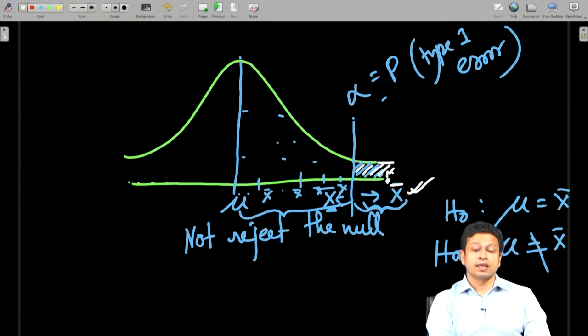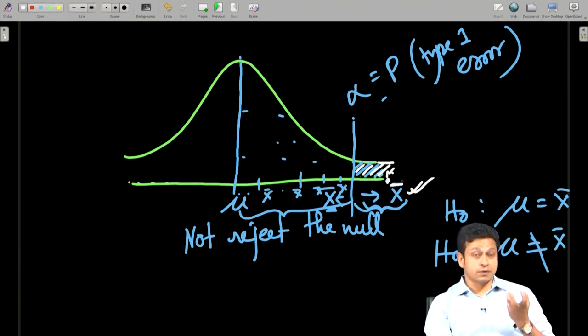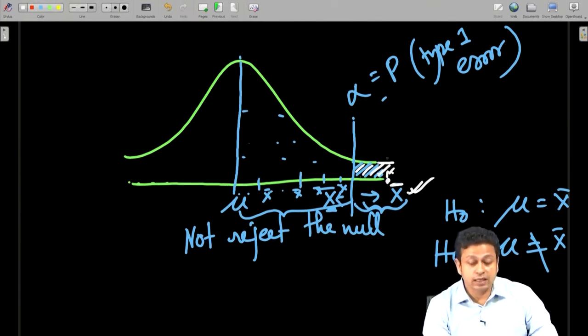I repeat, it can also happen that the x bar are just the extreme observations, whereas the sample is actually representing the population. Now, when I have an extreme observation, the x bar is going to be here, but still x bar is representing mu.